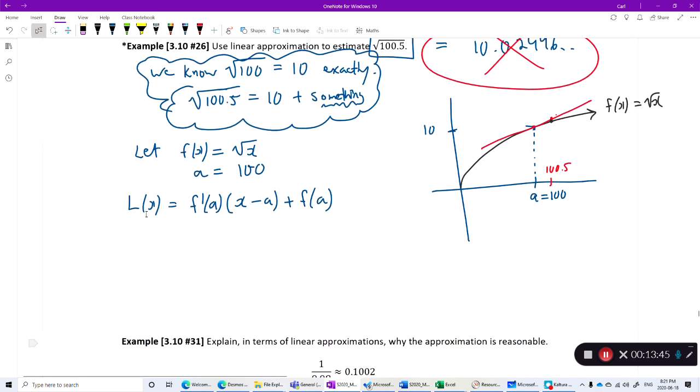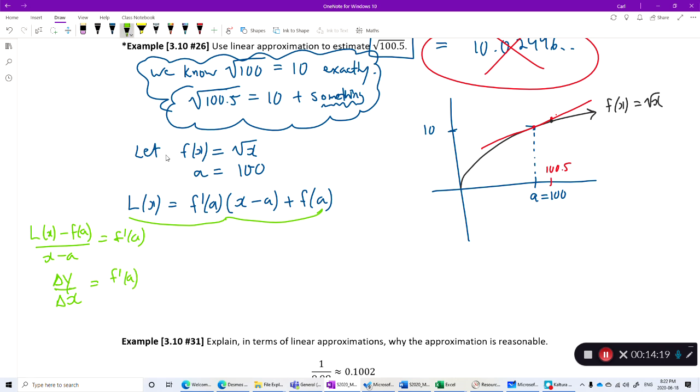Notice that this form is equivalent to saying that L of x minus f of a, divided by x minus a, equals f prime of a. So on the top here, L of x minus f of a, that's what we would call change in y. On the bottom is change in x.